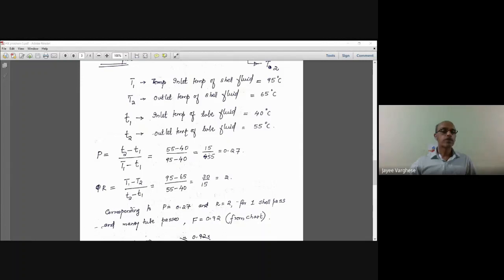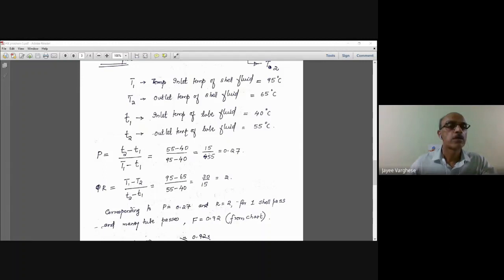So at 0.27, which intersects the curve 2, this is slightly above 0.9. You can see this is 0.9, 0.95 and 1.